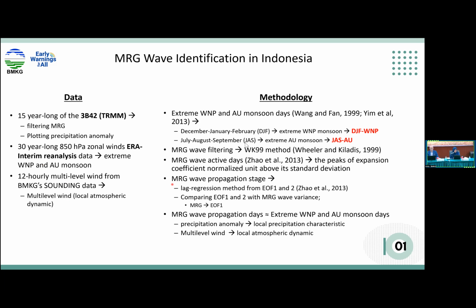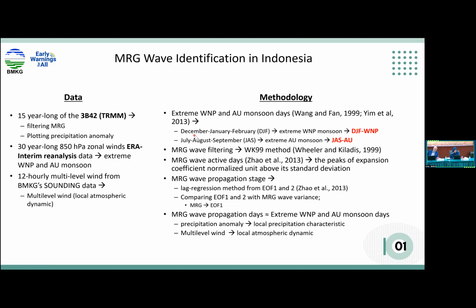to investigate the local atmospheric dynamics. For methodology, we also examine the extreme West North Pacific and Australian monsoon days. We use the method from Wang and Fan, and also the method from Yin et al.